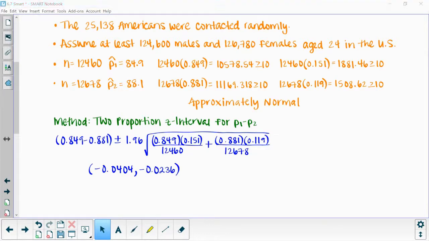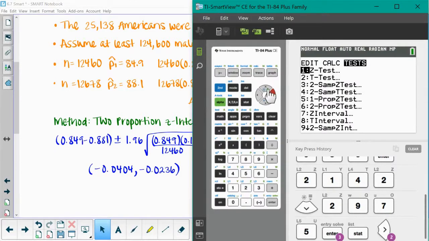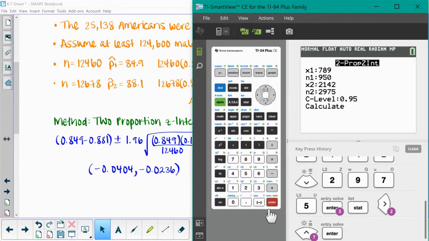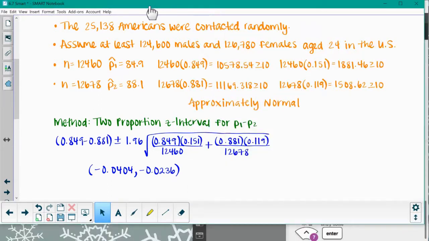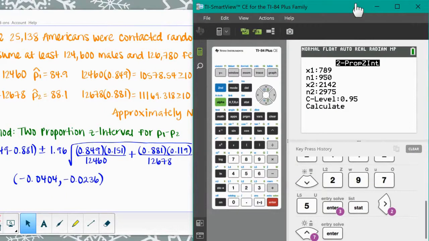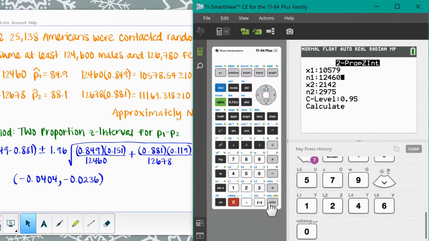So I am again going to show you how to do this in your calculator. I'm going to pull that up if it wants to open. There we go. So stat over to tests, and I'm going to go back up to B. This time I have to enter in my X1 and my X2. So let me see if I can drag this over so I don't have to keep going back and forth. So X1, I'm going to round this up to be 10,579 out of 12,460. And for X2, I'm going to round.